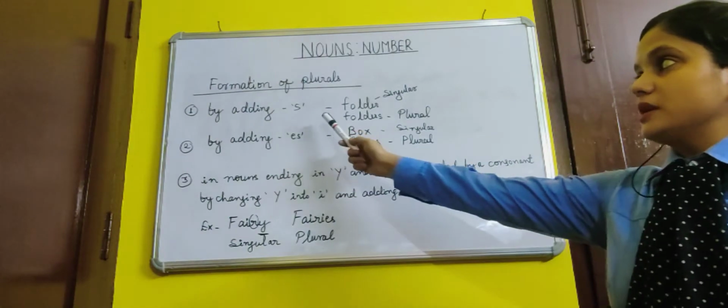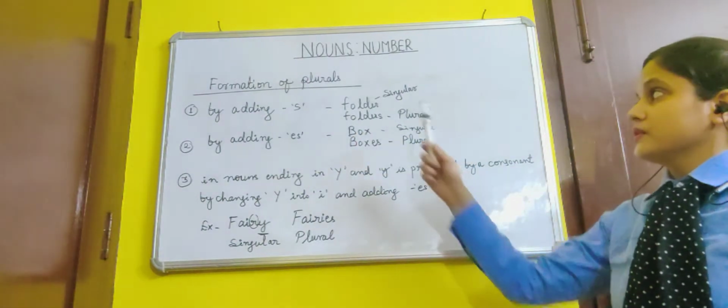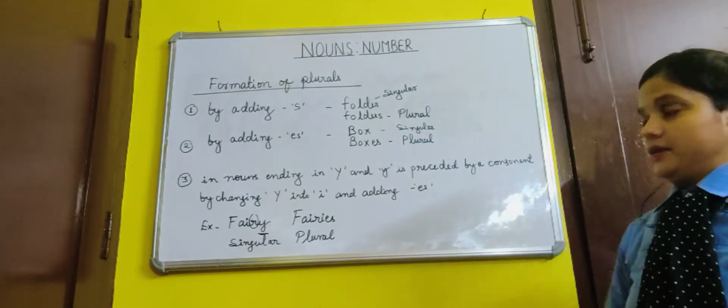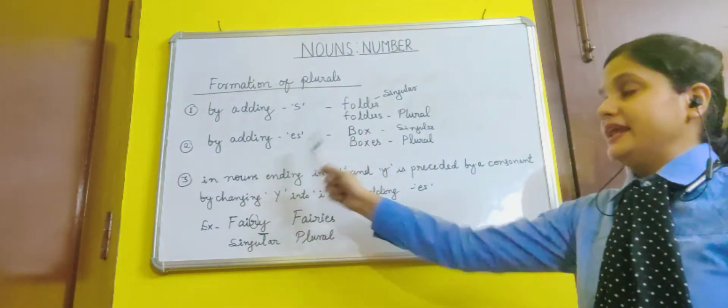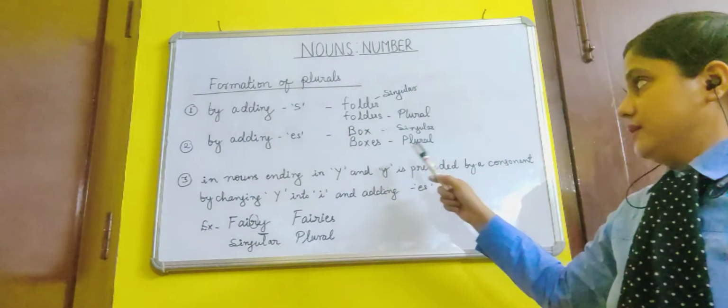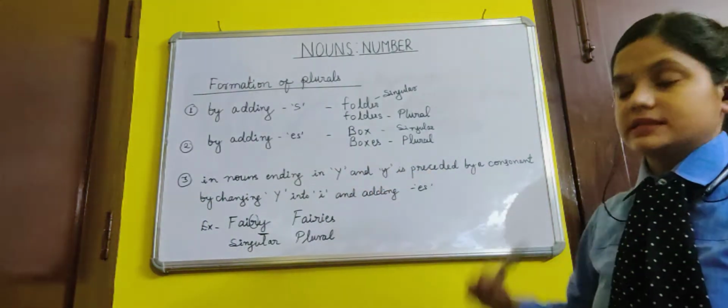So the first rule is by adding s, as we add s in folder and it makes folders. By adding es, so in box we add es and it makes boxes.